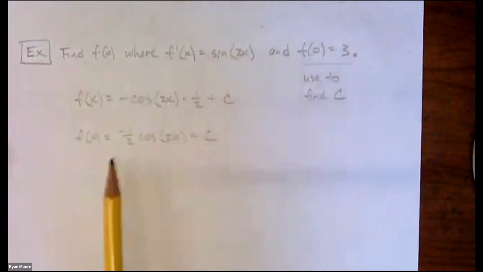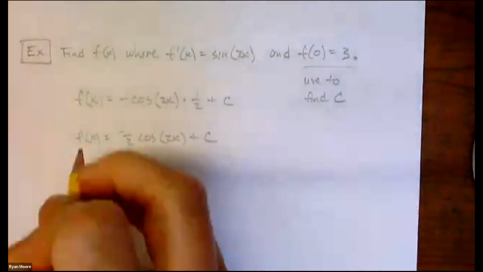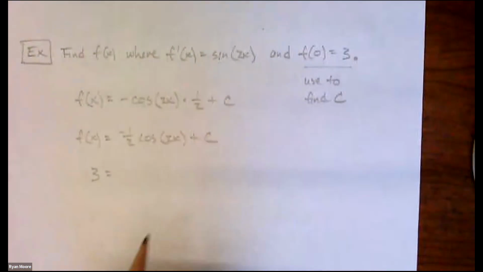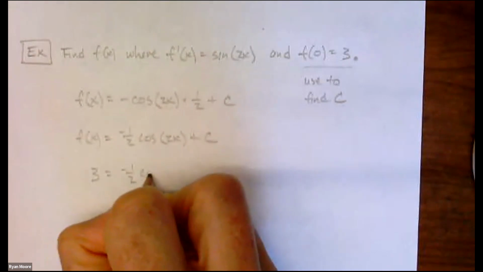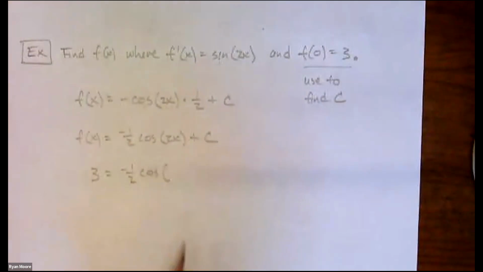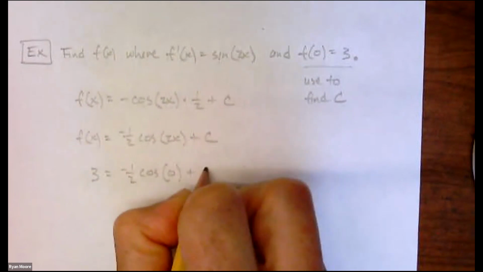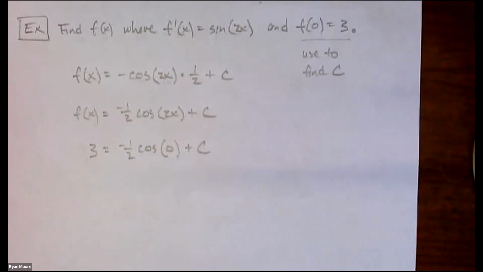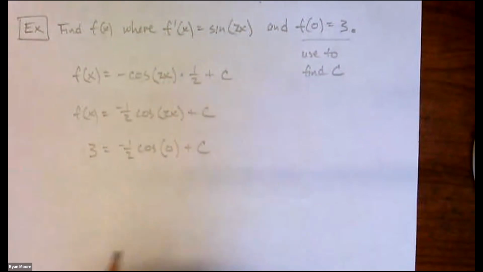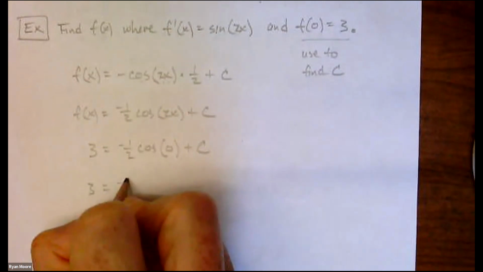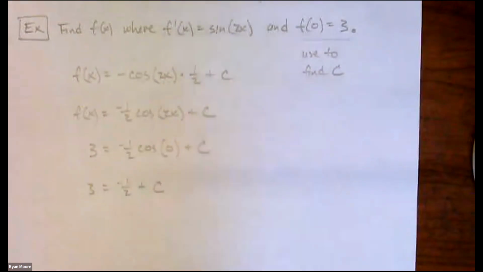Well, the function value is 3. The x value is 0. So I'll say 3 equals negative 1/2 cosine, well, 2 times 0 is going to be 0, and we can figure out the c. Cosine of 0 is 1. So we got this.